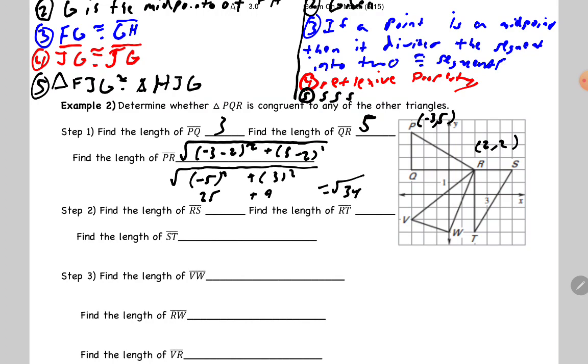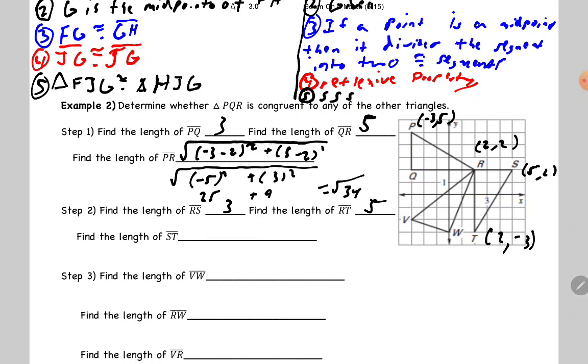So that's PR. Okay, RS is 1, 2, 3. Okay. RT is 1, 2, 3, 4, 5. Okay, so far so good. Two of the sides are the same. Let's see if the third side is the same. ST. S is 5, comma 2. And T is 2, comma -3.